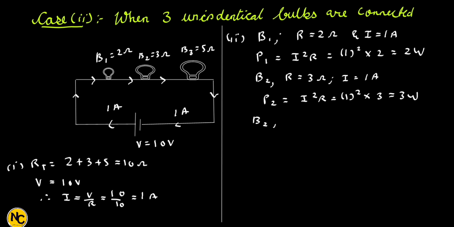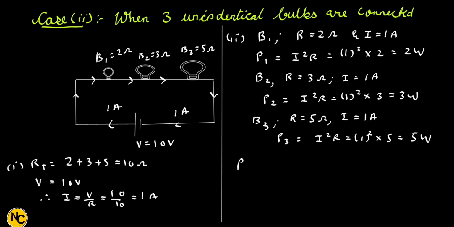And finally for bulb 3, R is equal to 5 ohm and I is equal to 1 ampere. So power of bulb 3 is again I square R, so 1 into 5, that is 5 watt. So here we can see the power of the third bulb is greater than the second, which is also greater than the first.